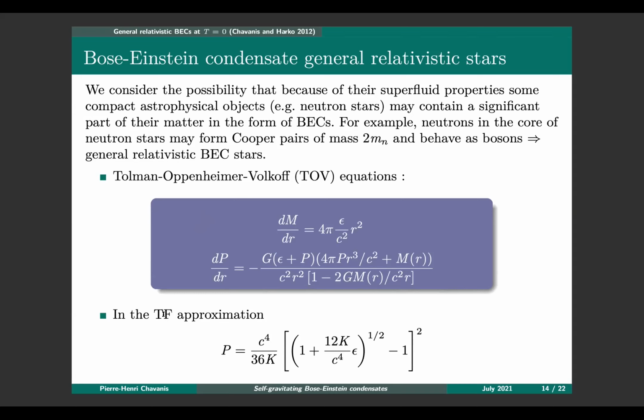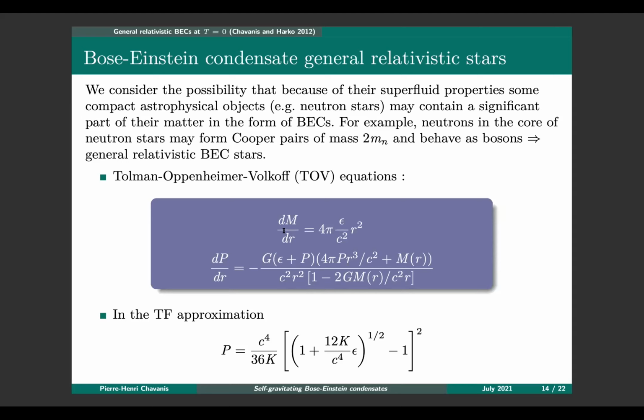Furthermore, it can be shown that in the Thomas-Fermi approximation, a relativistic self-gravitating BEC is equivalent to a fluid described by this equation of state. Consequently, the equations of the problem become the Tolman-Oppenheimer-Volkoff equations, which express the condition of hydrostatic balance in general relativity, coupled to this equation of state.